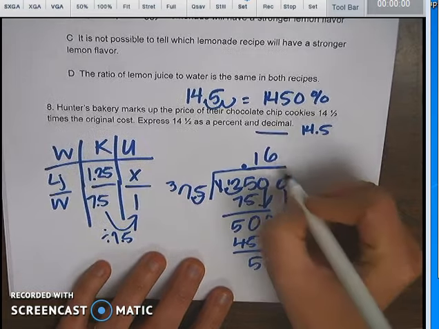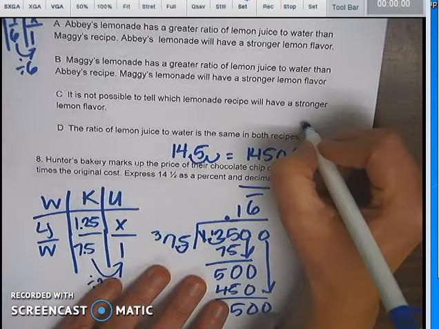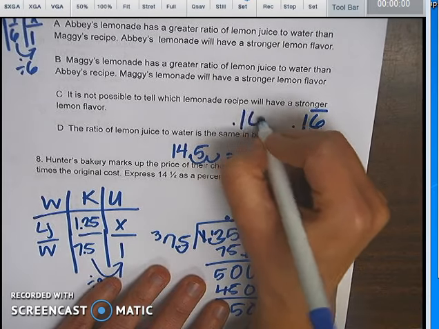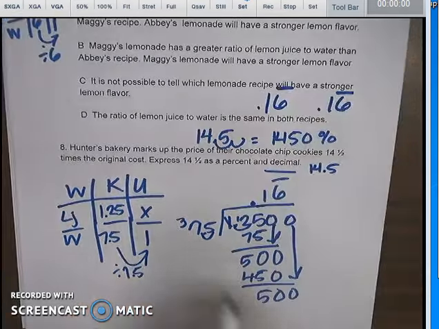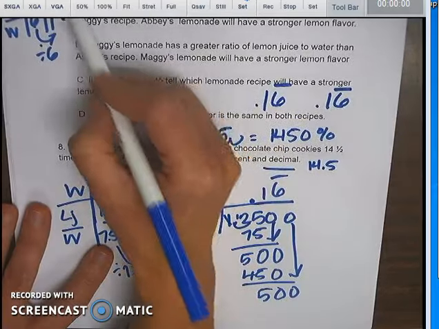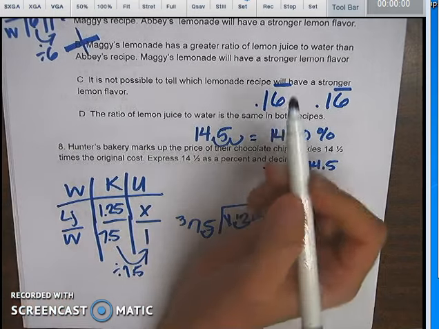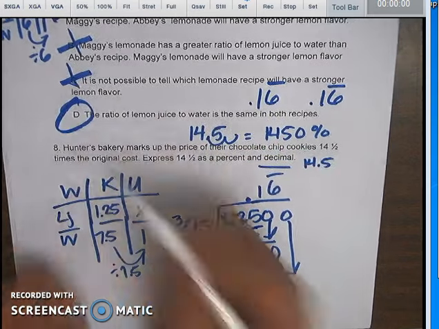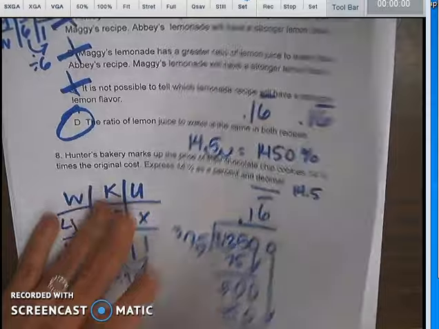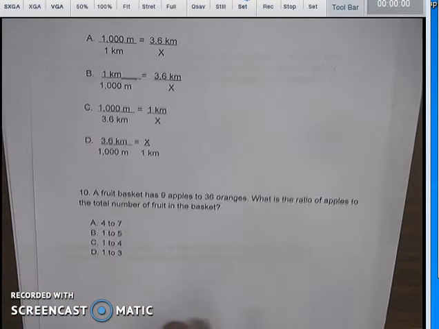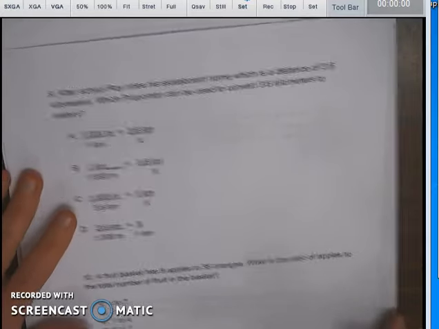So hers was 0.16 repeating and Abby's was 0.16 repeating. So the ratio: Abby's has a greater ratio? No. Maggie's has a greater ratio? No. It's not impossible? No. They have the same. Not many questions left, and I only have like 2 minutes, so I'm hurrying.